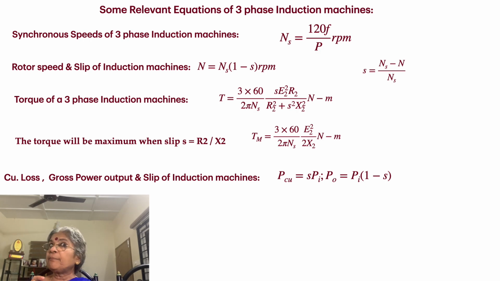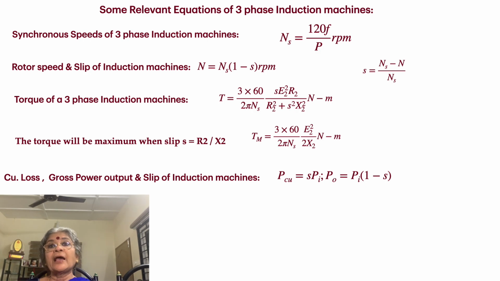And then we have the slip s multiplied by E2 square, where the rotor voltages are referred to the stator or the primary, as in a transformer, multiplied by R2. To get the power factor, we have R2 divided by the square root of R2 square plus s square X2 square, because the frequency is different, so we have s into X2, where R2 and X2 refer to the resistance and reactance of the motor when referred to the stator.